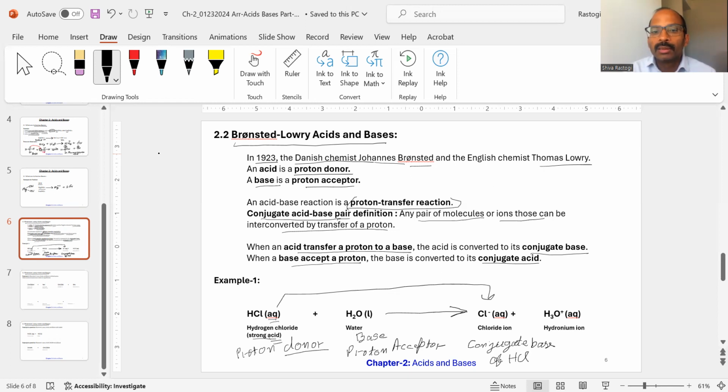And this water accepts a proton, so it becomes the conjugate acid of water. Right, so this is the way we have to define it. And here we have seen an example in water.